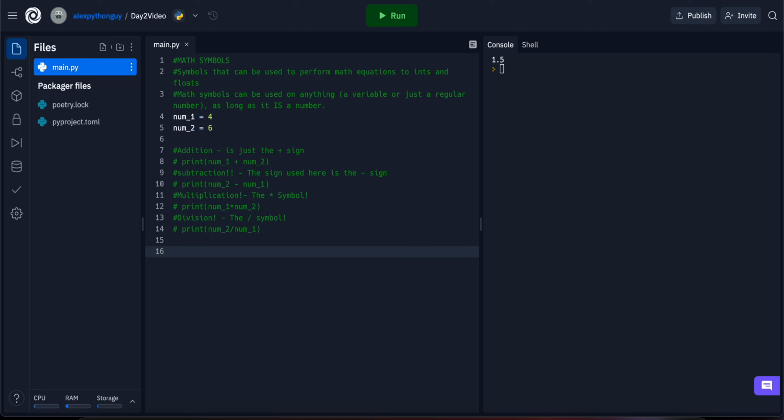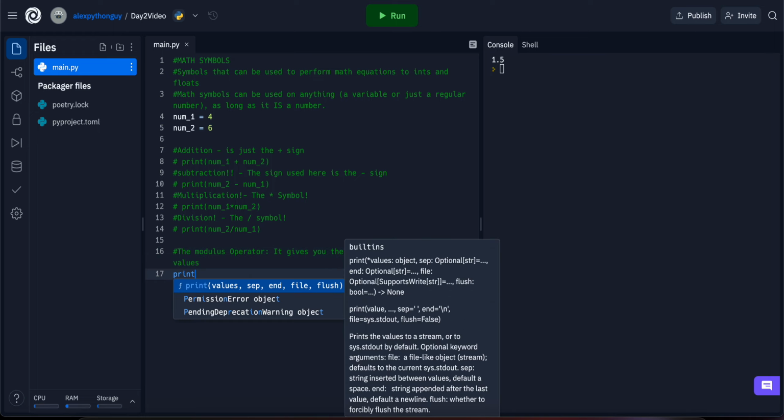But now let's get into some of the less obvious ones. So we're going to start off with the modulus operator. Now the modulus operator gives you the remainder of dividing two values.